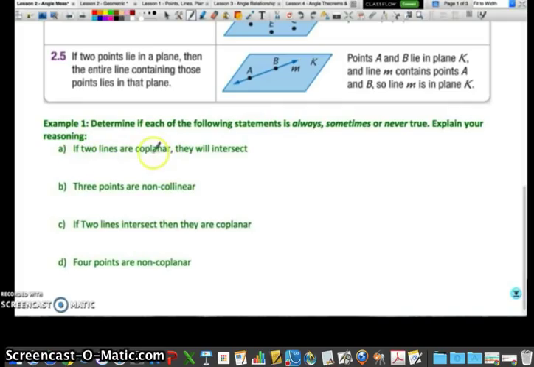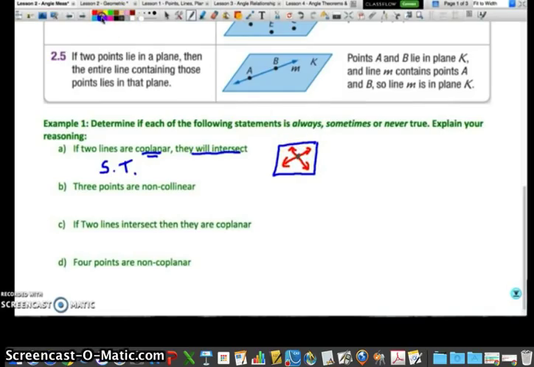So if 2 lines are coplanar, that means they share the same plane, they will intersect. That is going to be a sometimes true statement. The reason is, so I'm going to draw a representation here of a plane. That plane is going to contain 2 lines, and the 2 lines in this particular case show a very clear point of intersection.